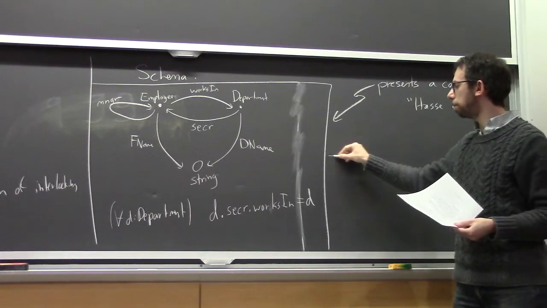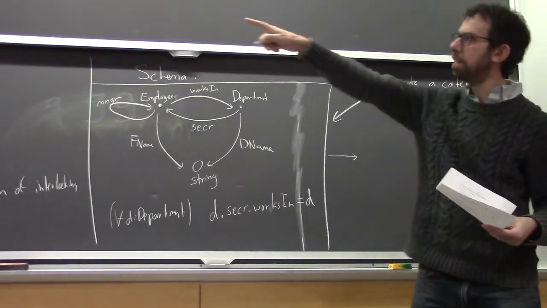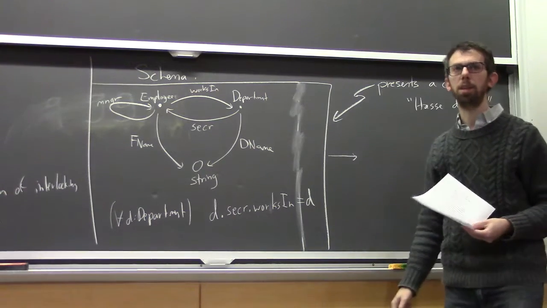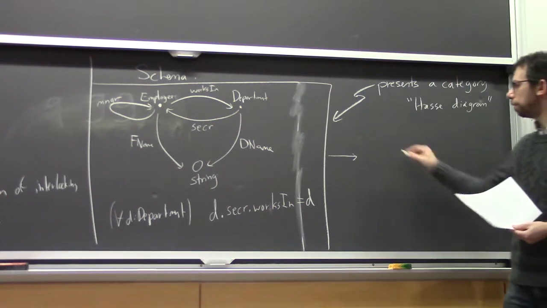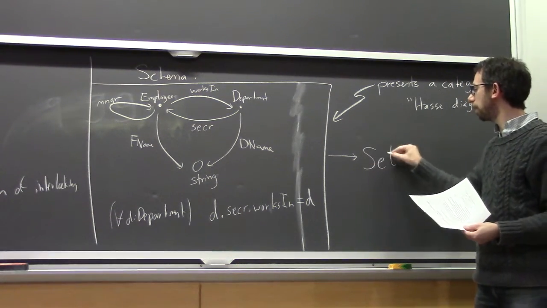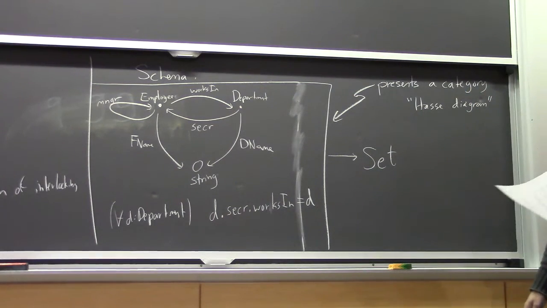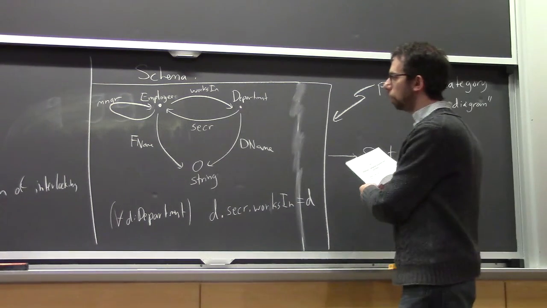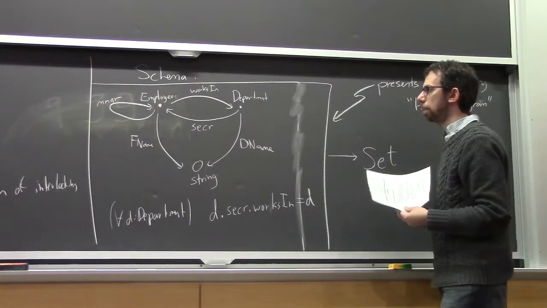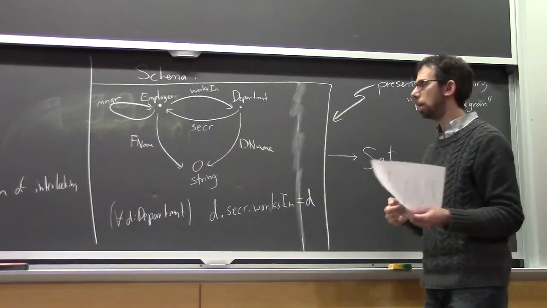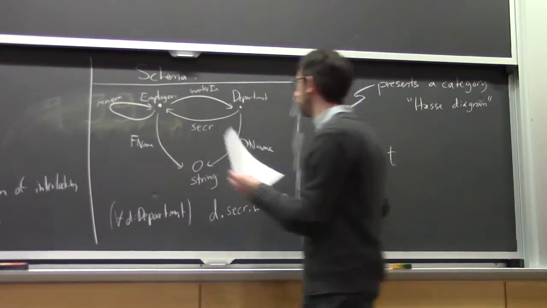And that a functor from this category, so that's what I meant when I said database schema equals category at the top, a functor from this category to the category of sets, what's called a set-valued functor. I haven't told you what a category is yet or what a functor is. In fact, I won't tell you what a functor is until tomorrow. But, or Brendan will, Tuesday.